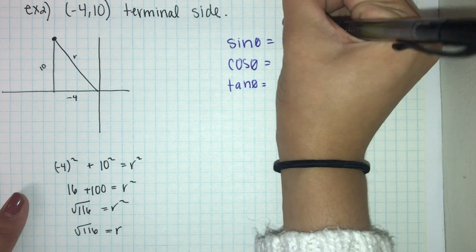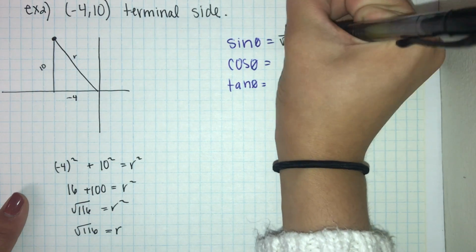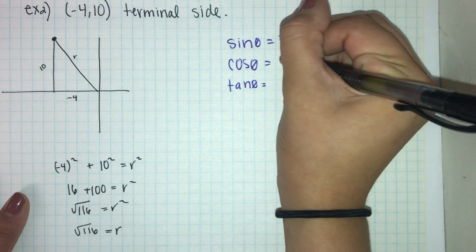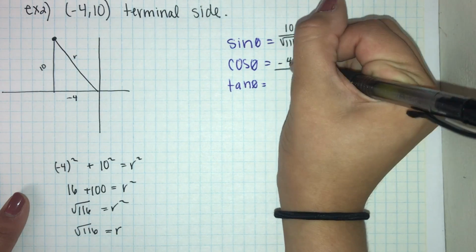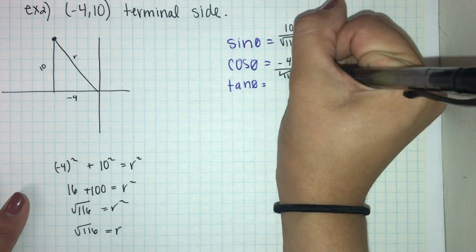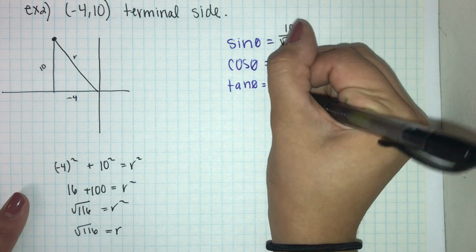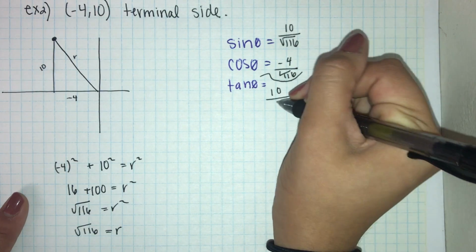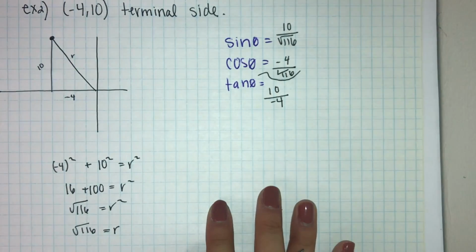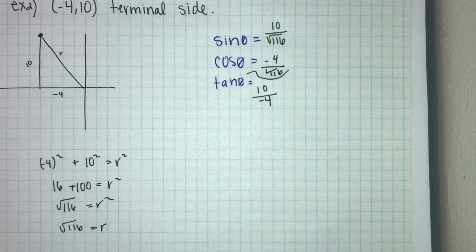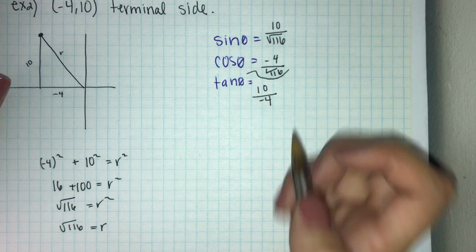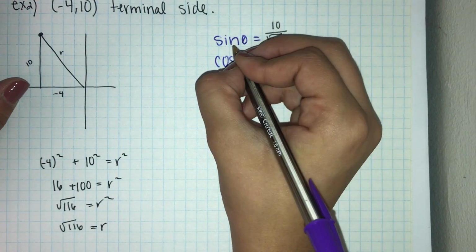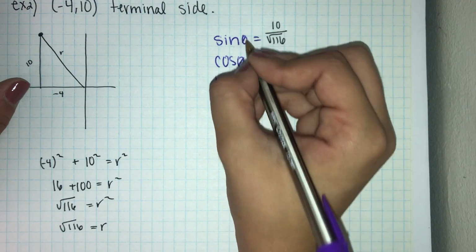So I'm going to go ahead and do my three main trig functions just off the top of my head, knowing what sine, cosine, and tangent is. And then I'm going to go ahead and do my reciprocals.